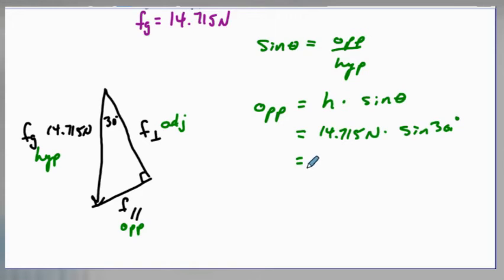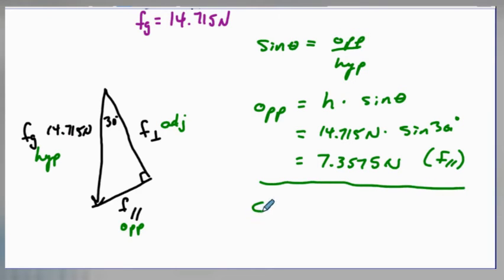What we're going to end up with here is an opposite side, which is equivalent to our parallel side. And the answer here is 7.3575 newtons. Once again, remember, this is our parallel. That's the opposite side.